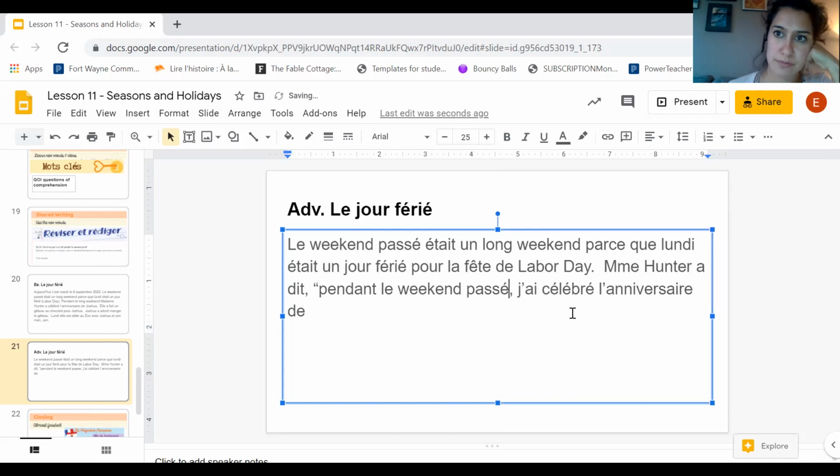C'est ennuyeux. C'est pénible, pardon. Alors, pendant le week-end passé, j'ai célébré l'anniversaire de qui? De Joshua. Excellent. Classe, Joshua est mon fils ou mon mari? Joshua est mon fils. Alors, de mon fils Joshua.